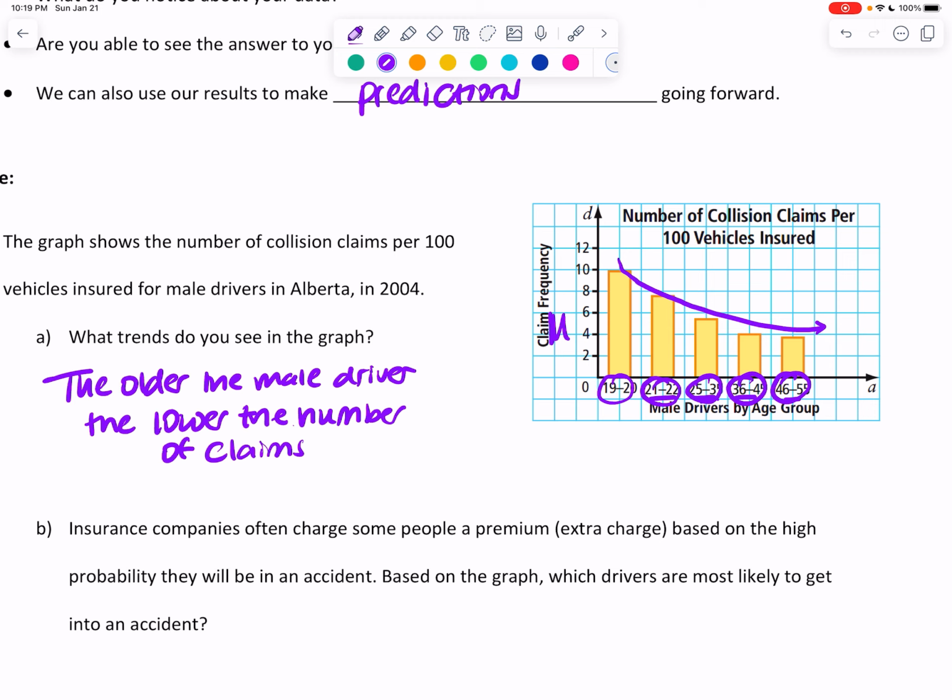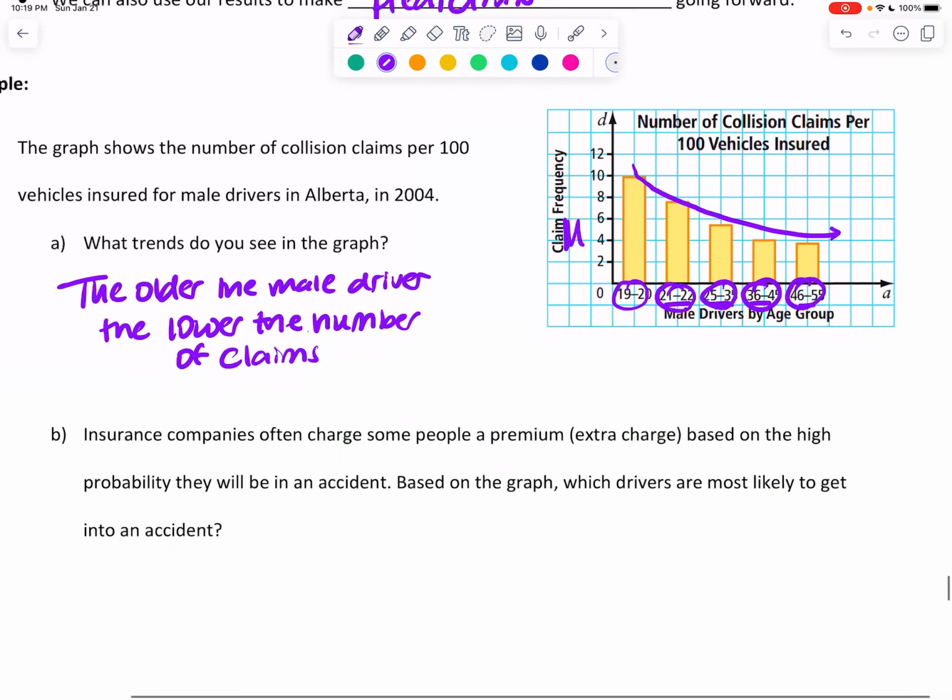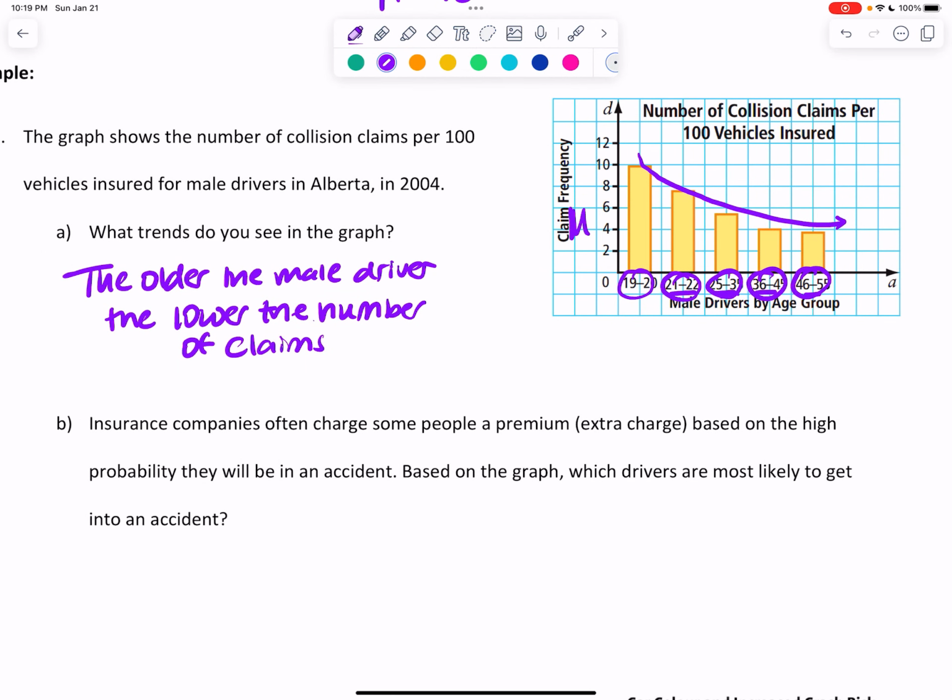Now we're going to do an example piece where we want to make a prediction. So let's say we collected this data for an insurance company. Now insurance companies often charge people extra money based on the high probability that they'll be in an accident. Based on the graph, which drivers do you think are most likely to be charged extra money, aka which drivers are most likely to get into an accident?